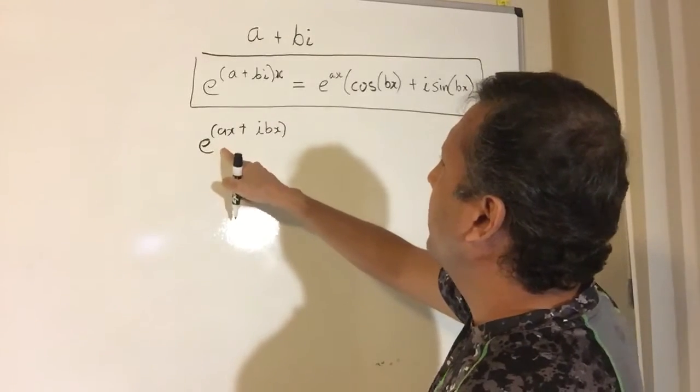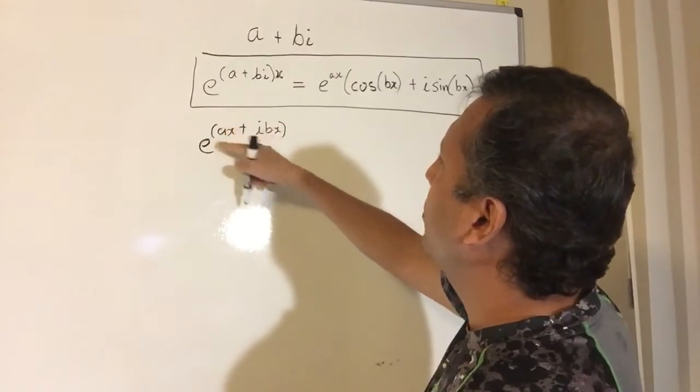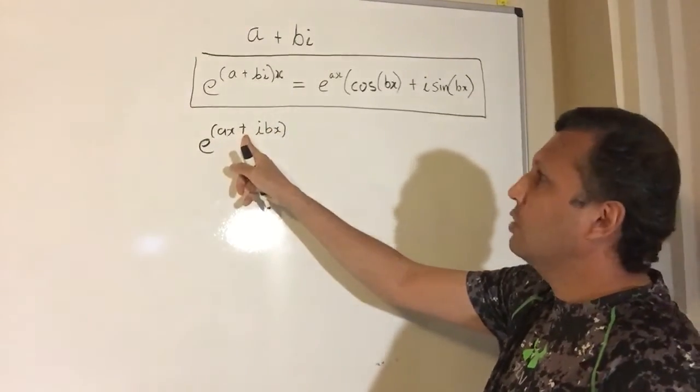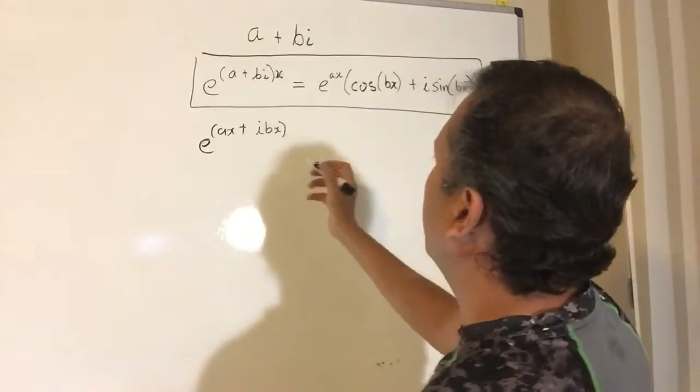So now the rules of exponents apply here. A number that is raised to an expression that has addition or subtraction can be written like this.